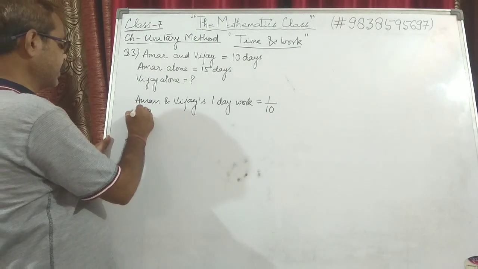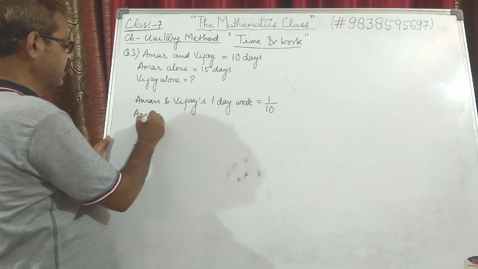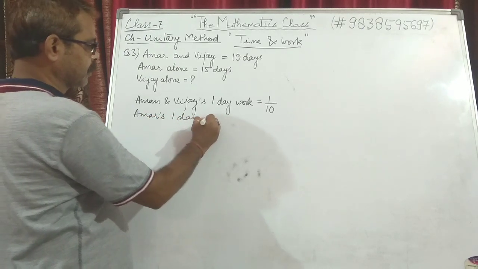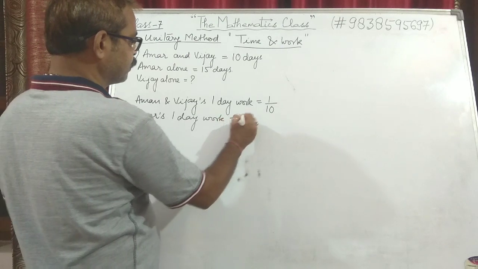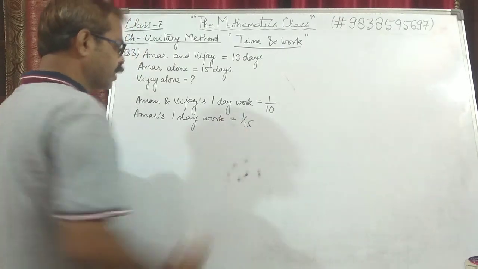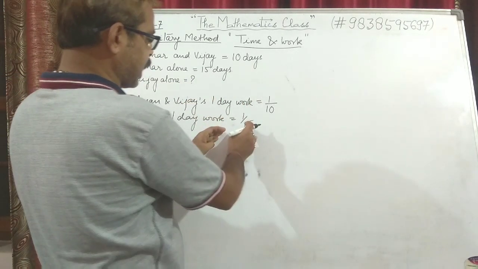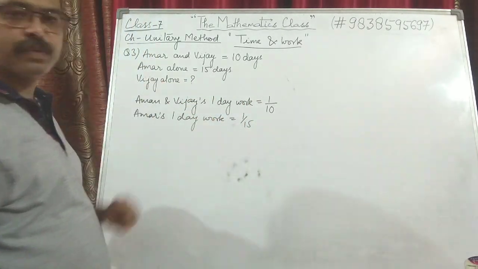Similarly, we can say Amar's 1 day work will be 1/15. Now the basic concept is that from this total, if we subtract this, we will get Vijay's 1 day work.